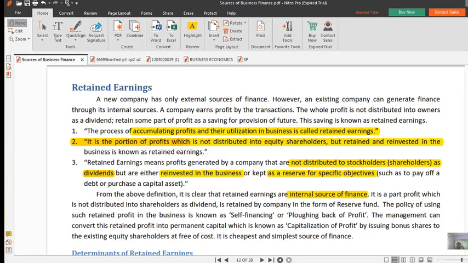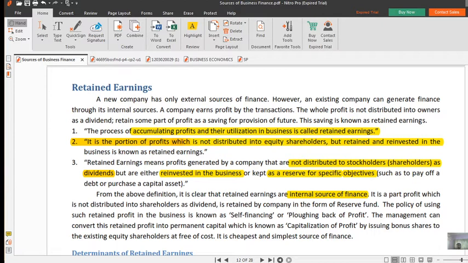Before starting this video lecture, I just revised what we studied in previous video lectures. The focus of the previous video lecture was mainly on different sources of corporate finance.